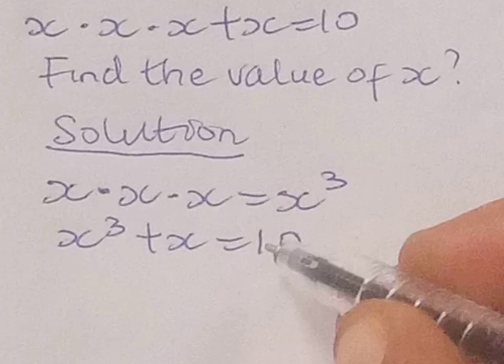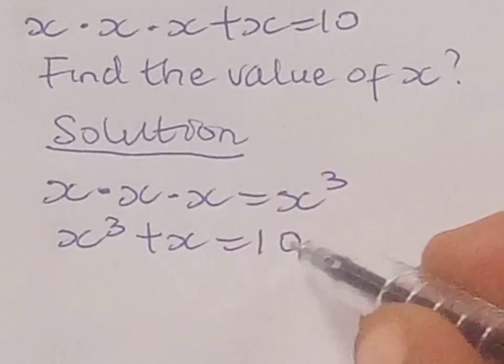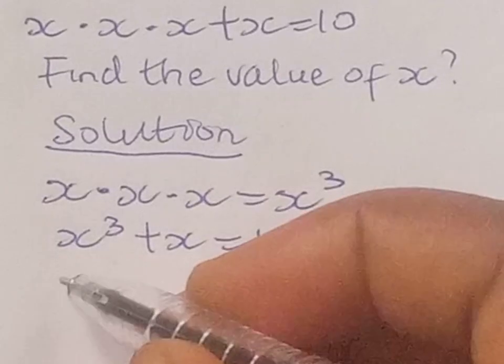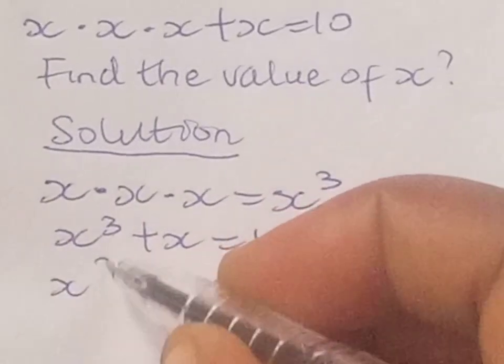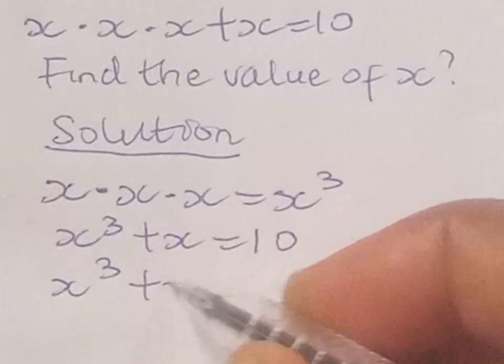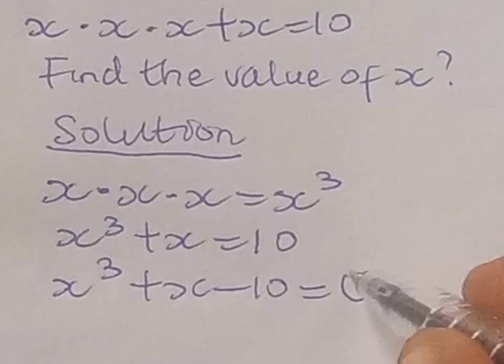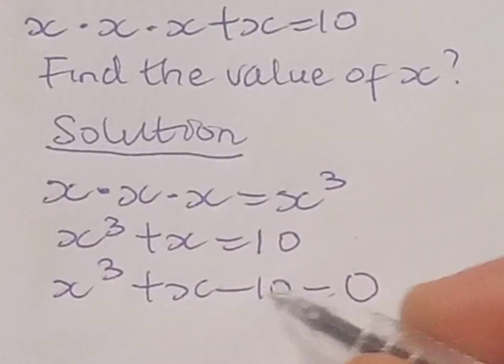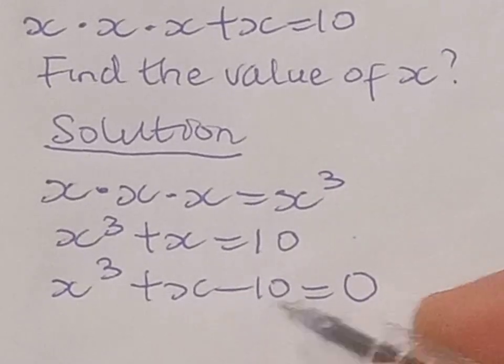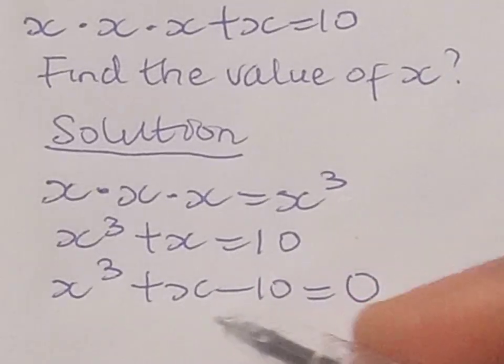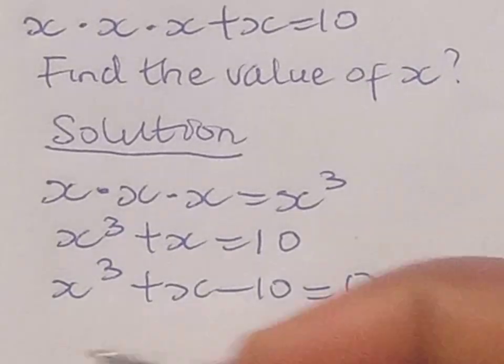The next thing is, let's move everything to one side, which becomes x cubed plus x minus 10 equals 0. Here is a cubic equation. Now let's solve it by testing simple integers.